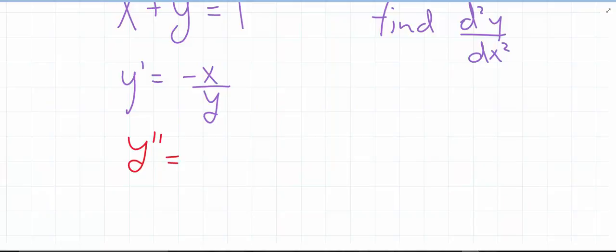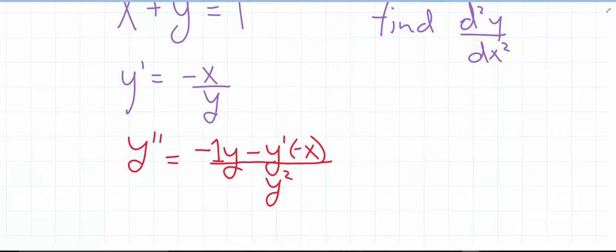The derivative of the top is -1 times the bottom, minus the derivative of the bottom times the top, all over the bottom squared. Now you have to watch your signs, of course. That's a negative x. I could have factored the negative out. It just depends on how you want to approach it. That probably would have been a better way to do it, wouldn't it? But I didn't, so we'll just go with it.